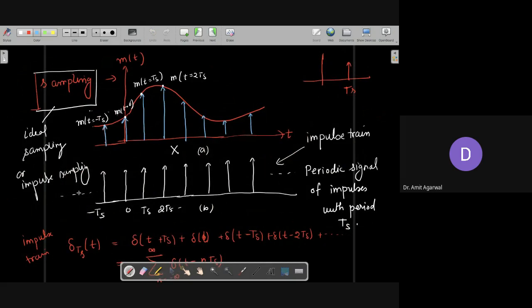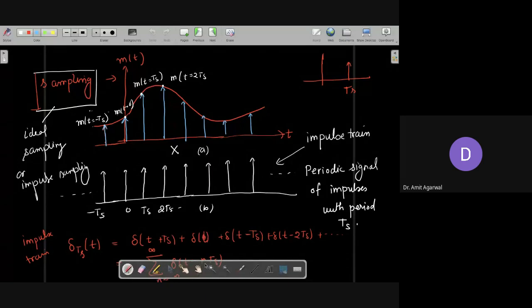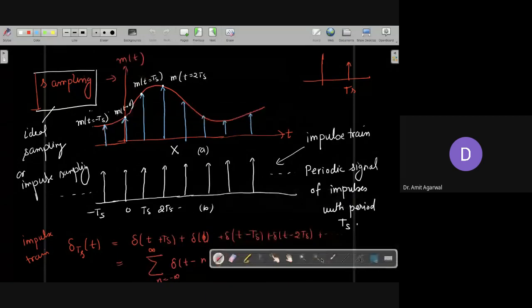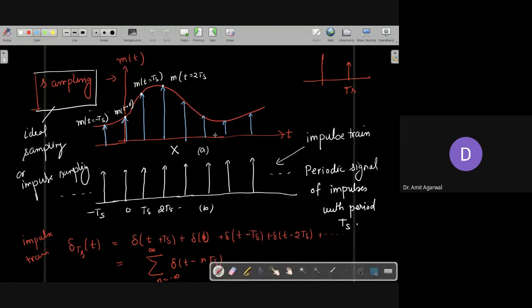Though it is theoretical, it will give you many insights. So we are taking an ideal pulse, the impulse, in order to transmit those values of your message signal which we have sampled at these time instants. This is called ideal sampling. Just remember these words, ideal sampling, since we are using an ideal pulse, that is the impulse, to extract these values.